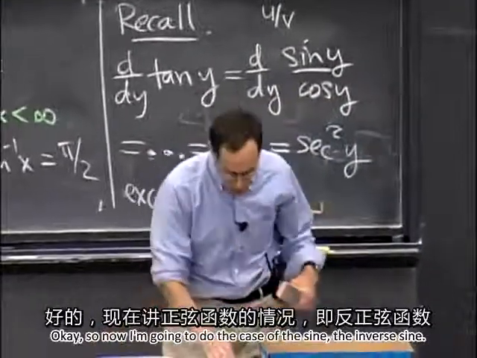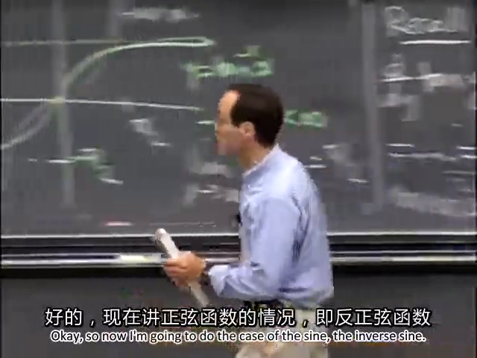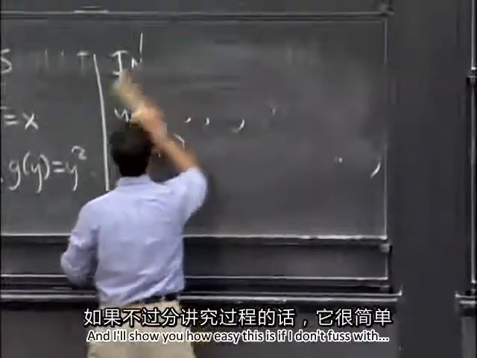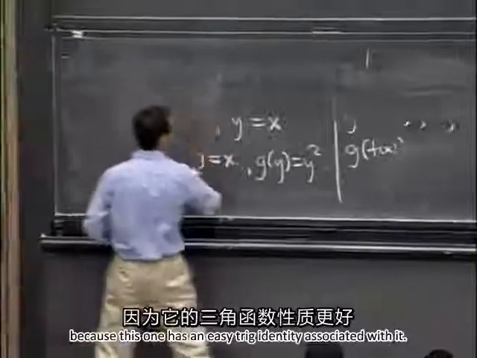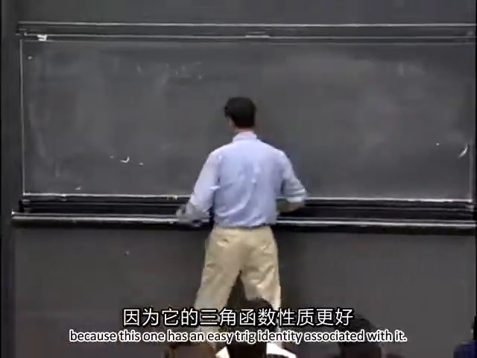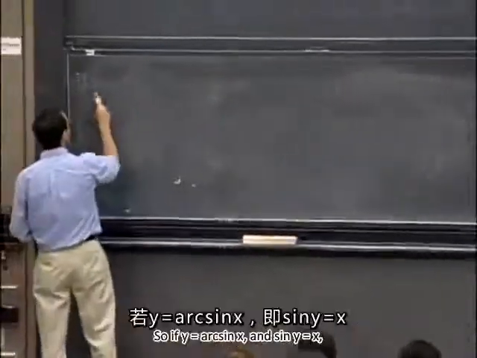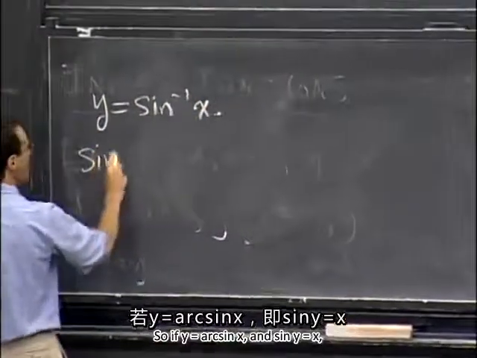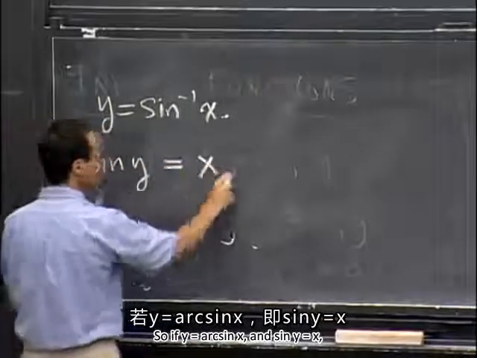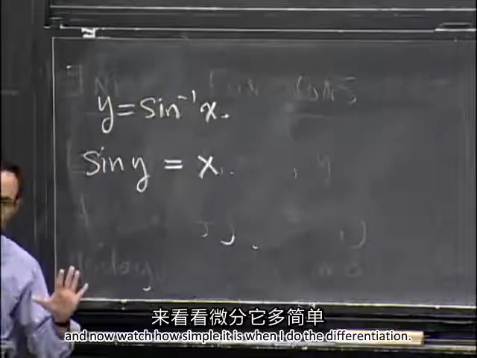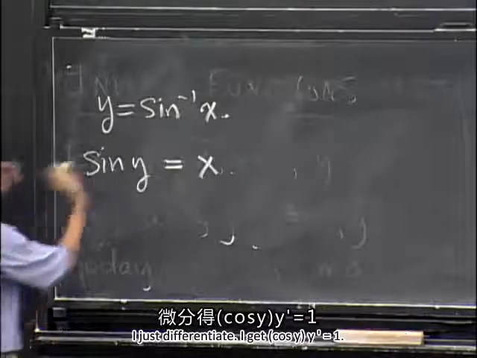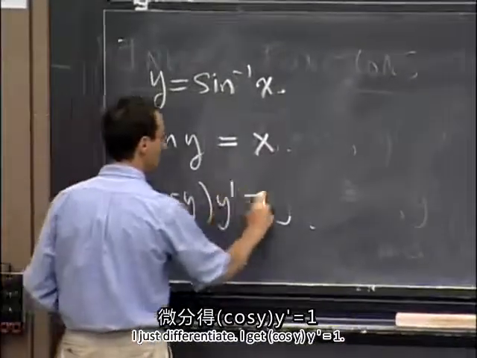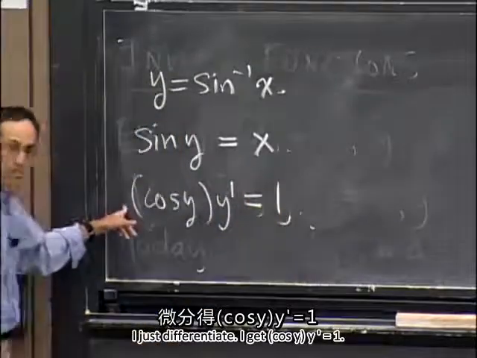Okay, so now I'm going to do the case of the sine, the inverse sine. And I'll show you how easy this is, because this one has an easy trig identity associated with it. So if y is equal to sine inverse x, then sine y is equal to x. And now watch how simple it is when I do the differentiation. I just differentiate. I get cosine y times y prime is equal to 1. All right?